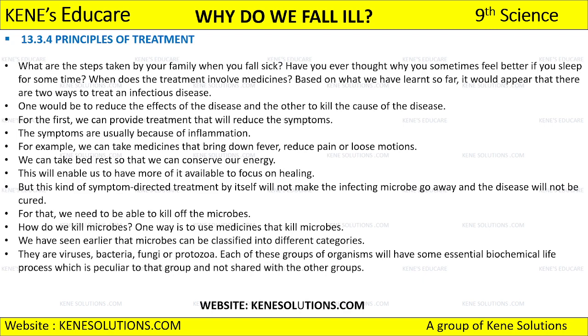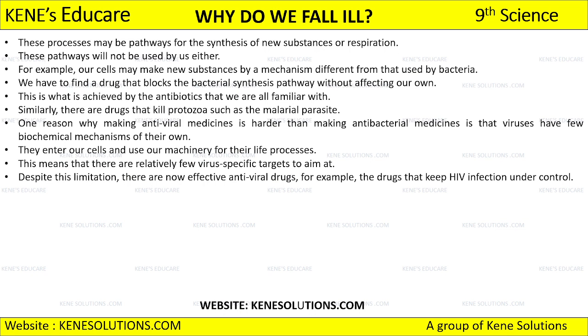So that will help over here. These processes may be pathways for synthesis of new substances, or respiration, and these pathways are not used by us. All the medicines have different mechanisms by which they kill the microbes in our body.